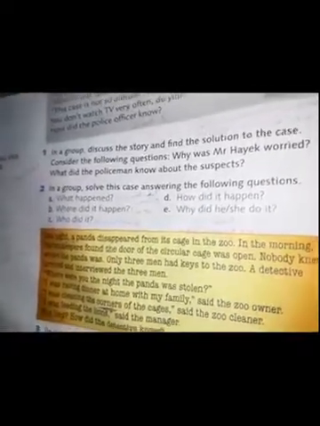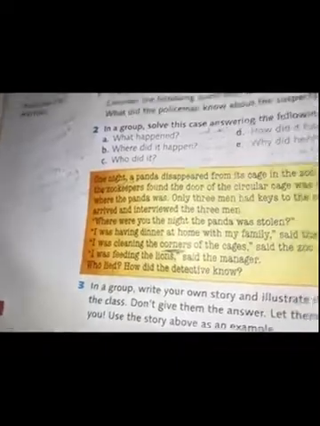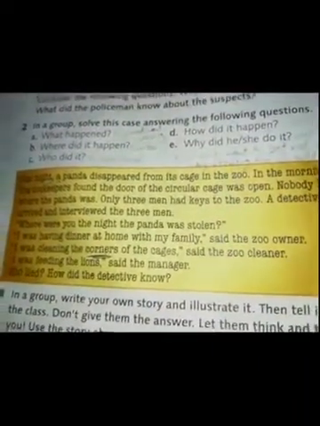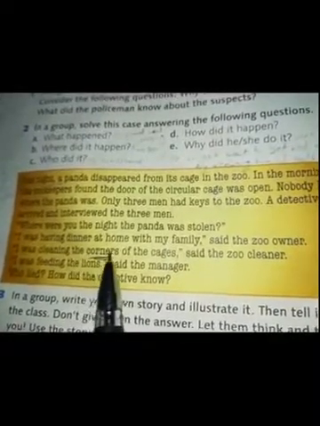You can say he might want to get rid of the manager by accusing him of a theft. So, who is the person who stole the panda? He was the zoo cleaner. How do we know that? Because it's a circular cage and he was cleaning the corner of this cage.